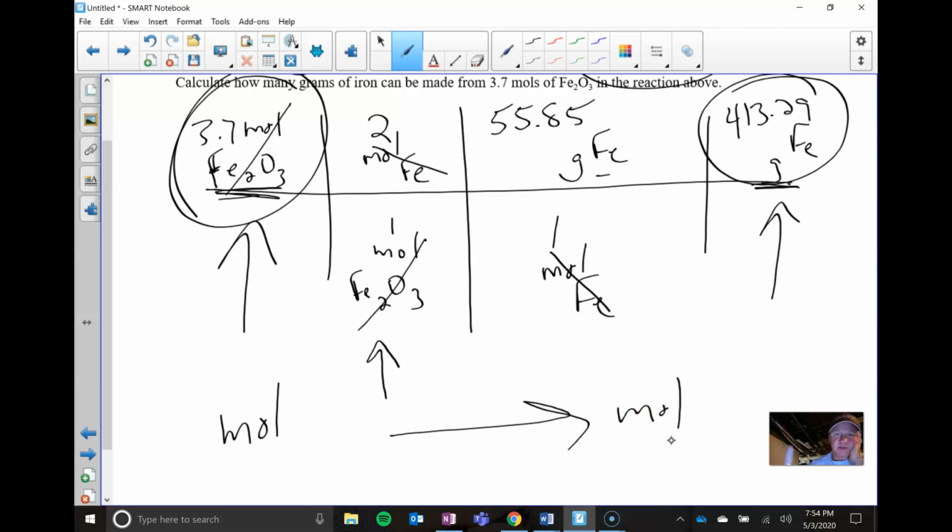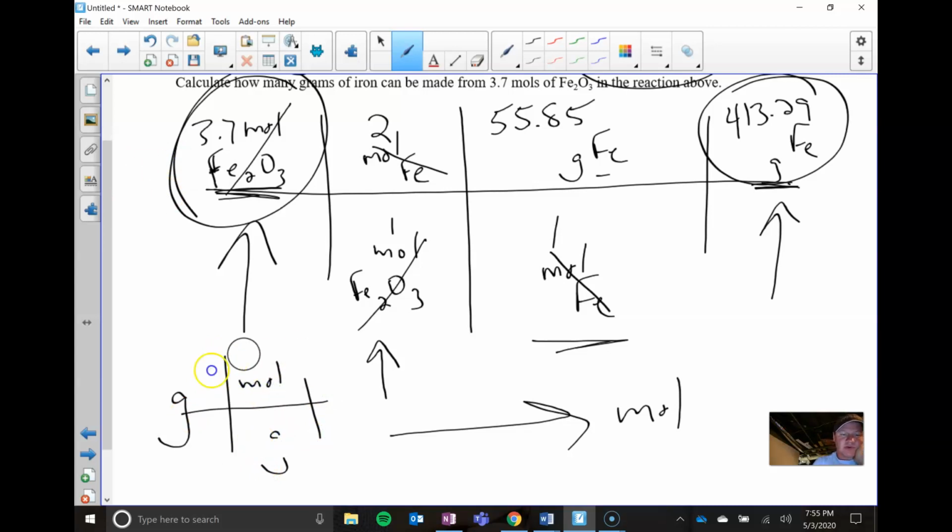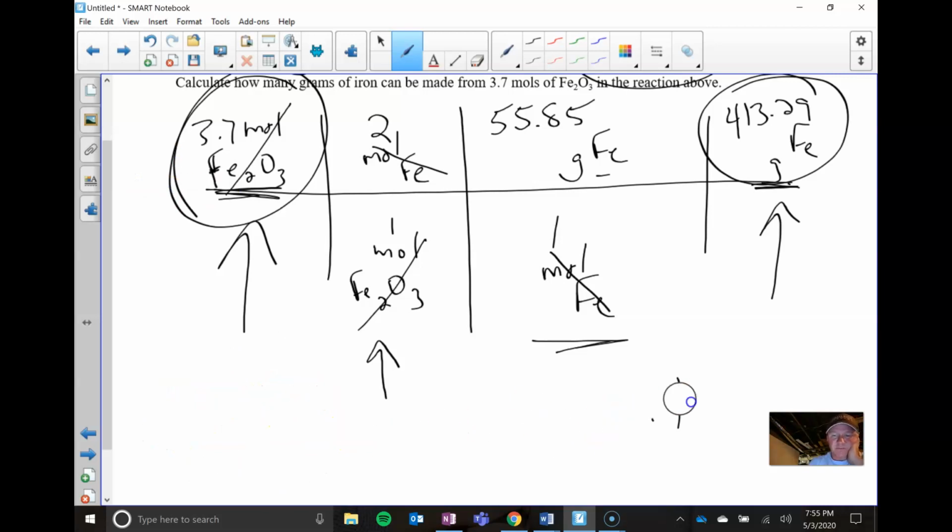In which case, we wouldn't have had to do this molar mass step here. Sometimes you might have been given grams of Fe2O3, and your first step would have been converting those grams to moles of Fe2O3. So you just got to work with what the problem is asking, okay? And I've given you a couple different looks at it in these examples here.